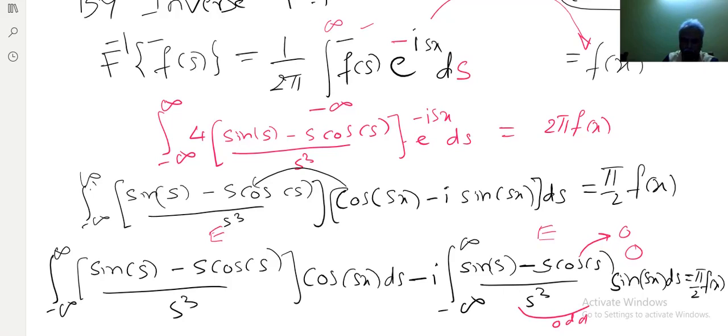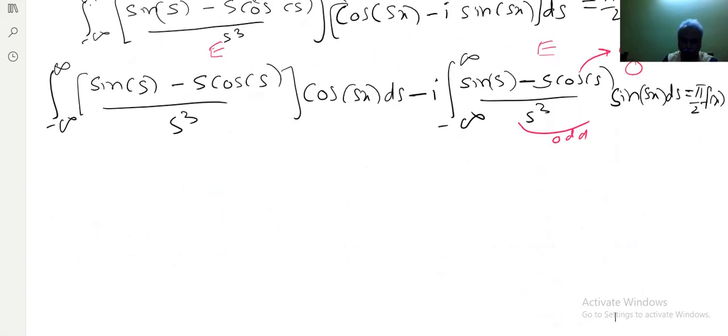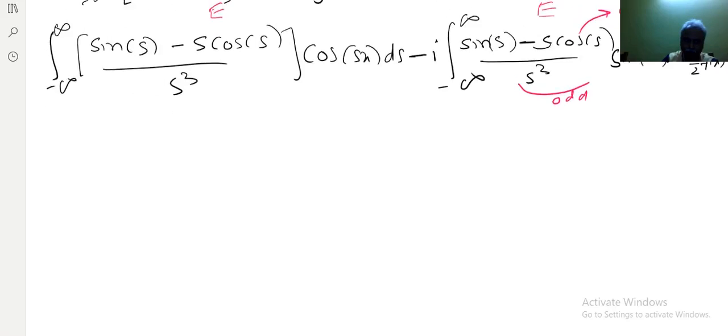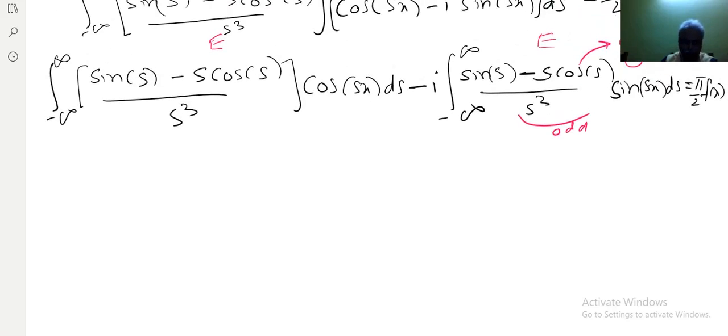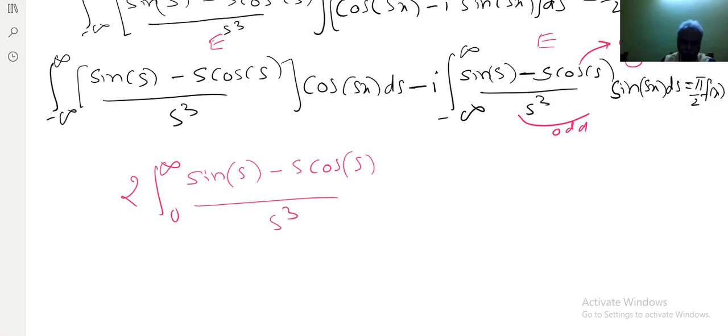So now using this even-odd function property, let me write. The first integration becomes 2 times 0 to infinity, remaining as it is, (sin s minus s cos s) whole divided by s cube into cosine function.